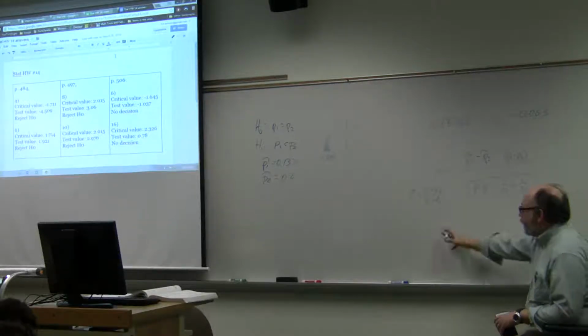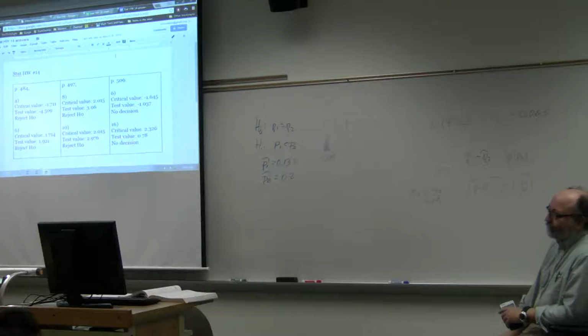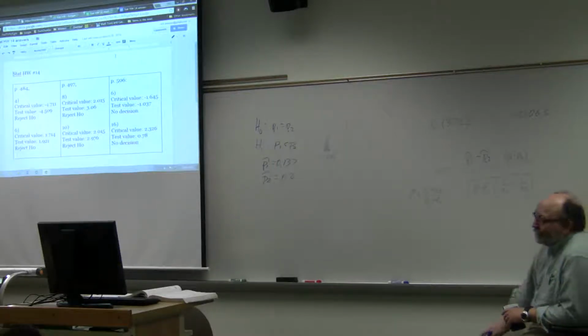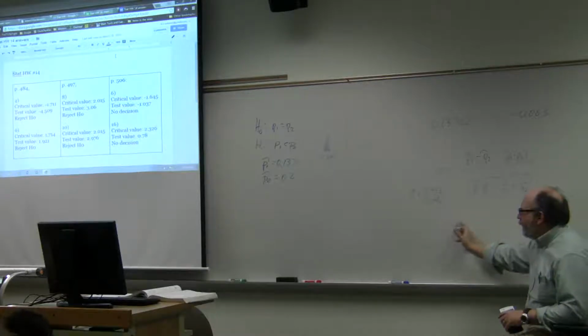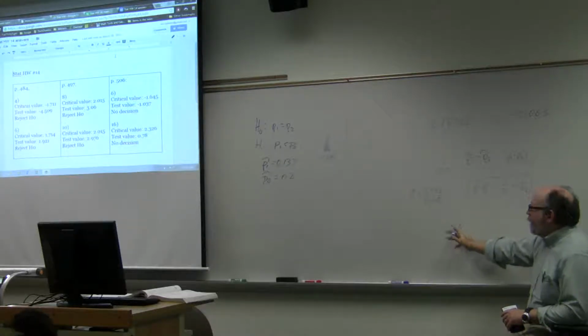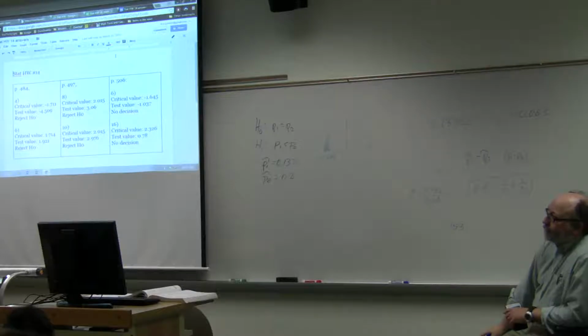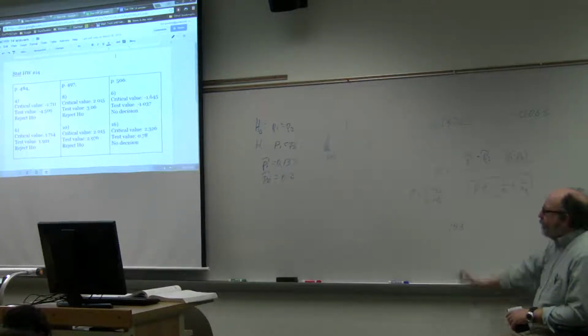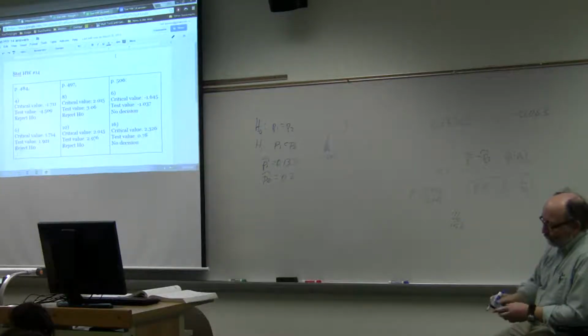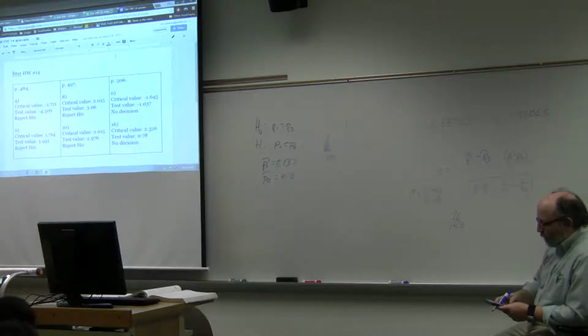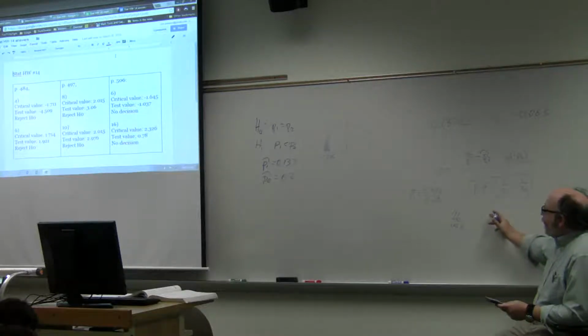N. So what's 73 plus 80? 153. That's going to be on the bottom of p-bar. What's going to be on the top? 10 plus 16. What's 10 plus 16? 26. Okay, so p-bar is 26 over 153. 0.169.